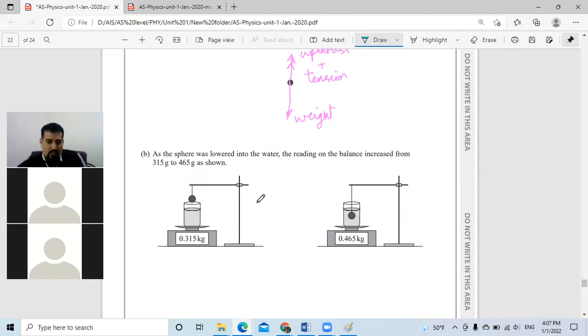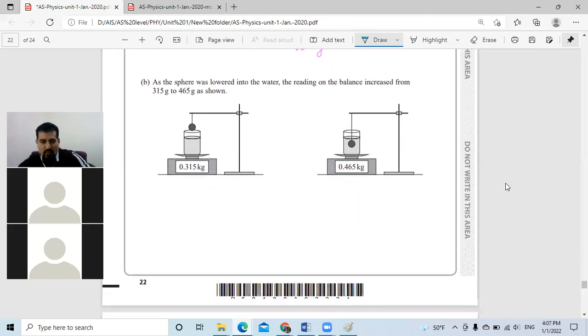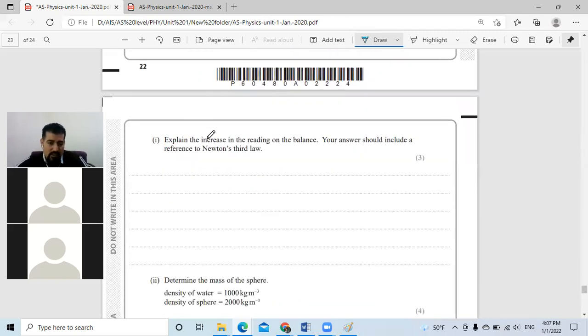What they ask here is the reason for this change. Explain the increase of the reading on the balance. Your answer should include reference to Newton's third law. Who can tell me Newton's third law between what and what? What are the forces that are equal and opposite in direction?